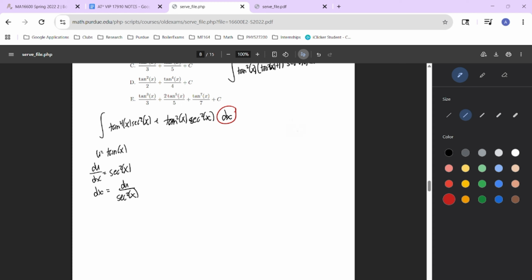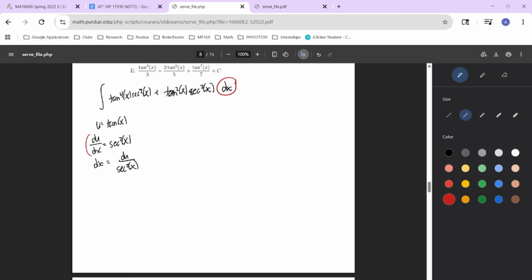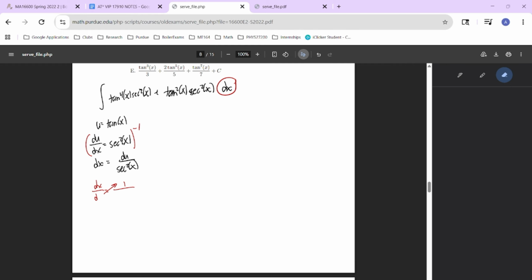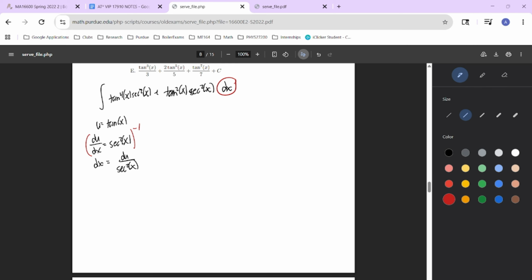How did I get to this part? Well, you can effectively flip this upside down by raising it to the -1 power. That becomes dx du is equal to 1 over secant squared of x. Then from there you bring du up into the other side of the equation, and that's how you get du over secant squared of x. With that being said, now we can pretty much start plugging in our wonderful functions here.